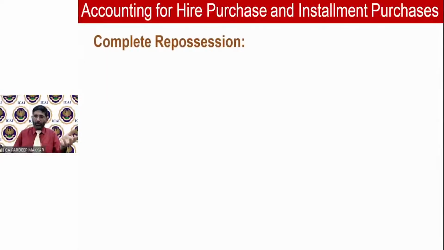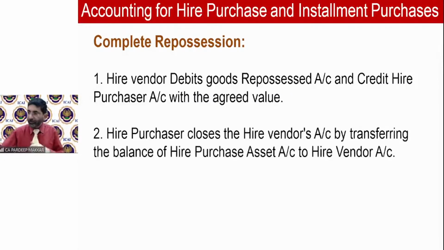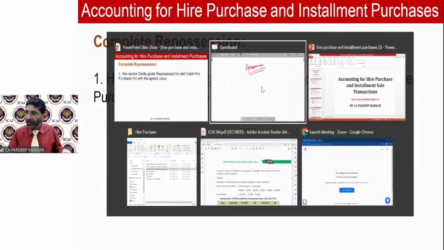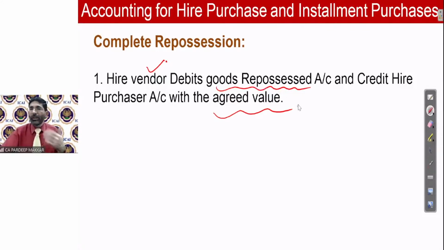Beta, in case of complete repossession, the entry is very simple. Goods in the books of vendor, I am talking. In the books of vendor, because vendor is taking back the goods, it's just like a simple sale. So if it is a simple sale, then there's no problem. In that case, the entry is very simple in the books of vendor. Goods repossessed account is to be debited, and we have to credit the purchaser with the value whatever is agreed between us for that particular item.